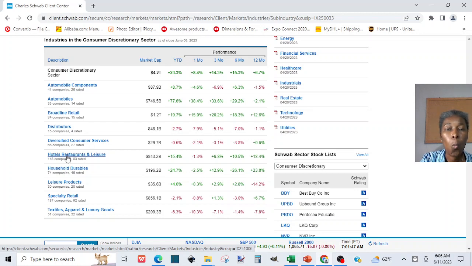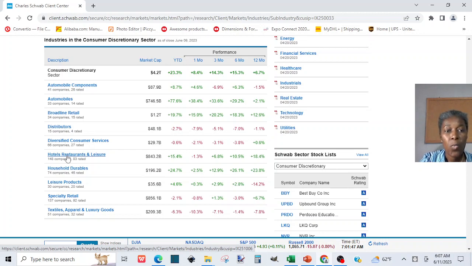So you can go through one sector and go through all the industries in that sector and gather the dividend stocks you're interested in from all the sub-industries within those industries and within that sector before you move to the next step. Or you can just choose one industry in a sector and gather the dividend stocks in all the sub-industries within that industry, and then you move to the next step.